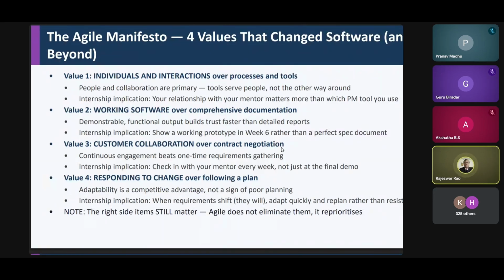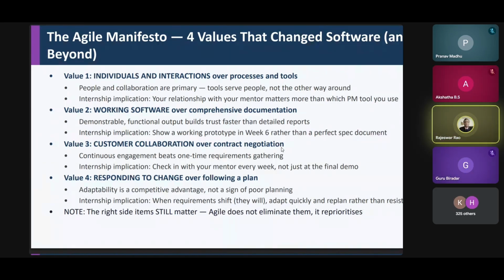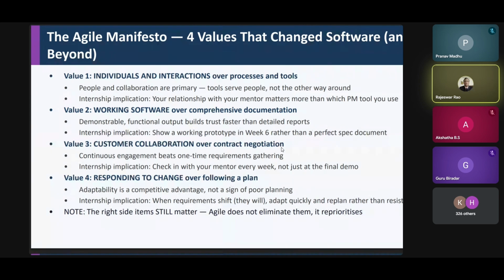The second value, which is again an absolute must in agile development, is focus on the working software rather than on the documentation. Every team member in an agile project is focused on how do I get this project up and running? How do I make this application 100% functional and to the requirement?